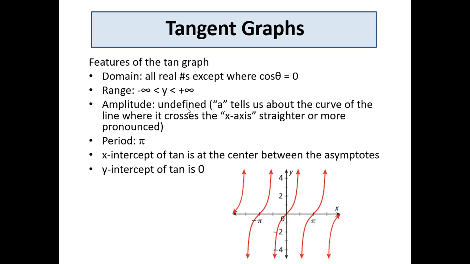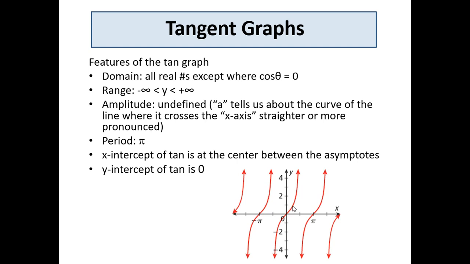but the A is still useful to us because it tells us how the curve is going to look. And the A is going to happen halfway between where it crosses the x-axis and the asymptote. Halfway between there is where this curve starts to change directions.